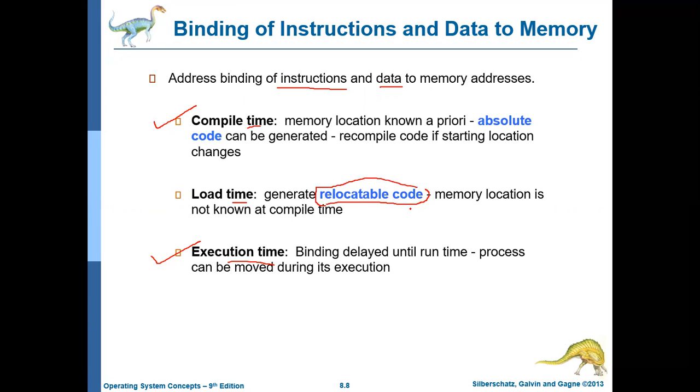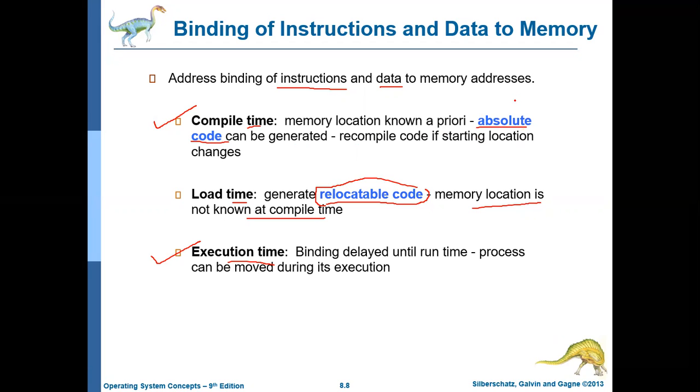Relocatable code will be created if the memory location is not known at compile time. Here memory location means the starting memory location where the process is to be loaded. If that is not known during compile time, then relocatable code will be generated. If the memory location is known before the compile time itself, then absolute code will be generated.